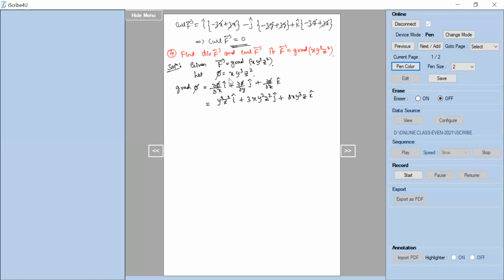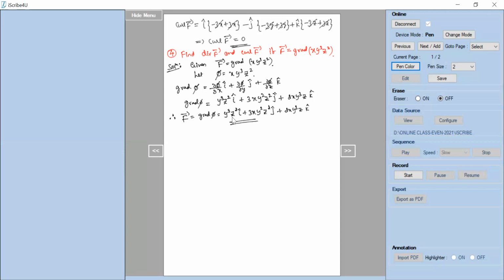So this is our grad phi. Therefore our vector F is nothing but gradient of phi: y³ z² i cap plus 3x y² z² j cap plus 2x y³ z k cap. So this is our vector F.